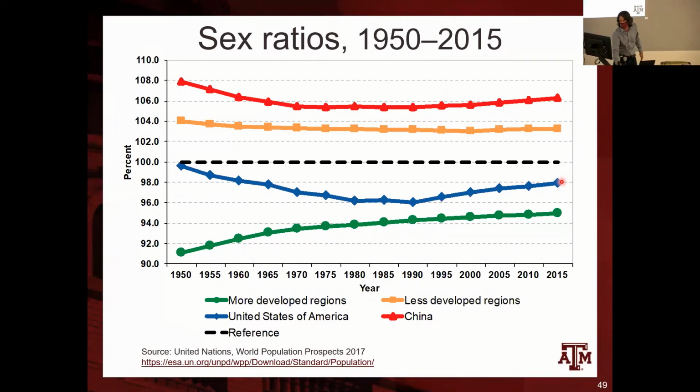So that's why it's still less than 100. And this preference for boys is still high in China, even for more recent years, and kind of stable overall in less developed regions. Because that's not just preference for boys, it's also related to the chances that women have in the society in terms of health, resources, education, jobs, and everything that will affect their mortality, okay?